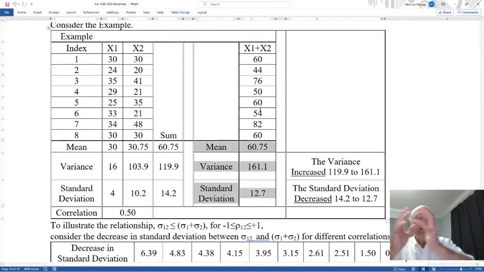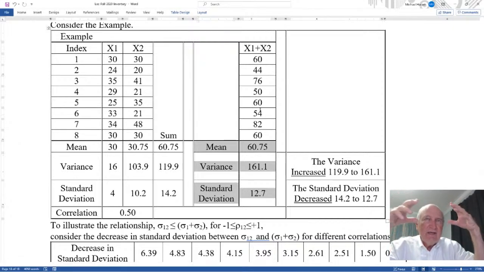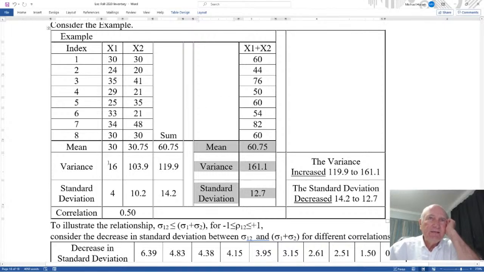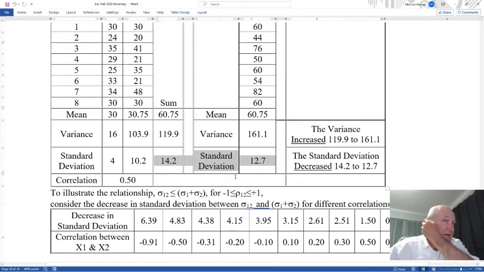Since you're adding and aggregating them, it's not necessarily going to be the sum. If I add these together, these sums will be the same. But notice if I add the variances together, that's not the same, and the standard deviations are not the same. It can be shown they're not the same, usually.